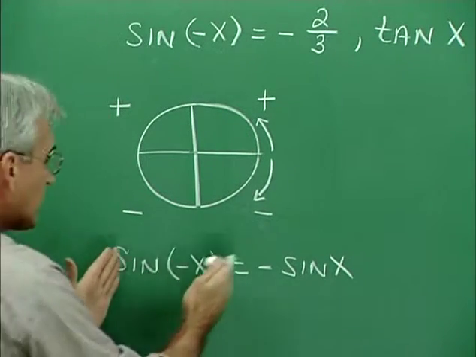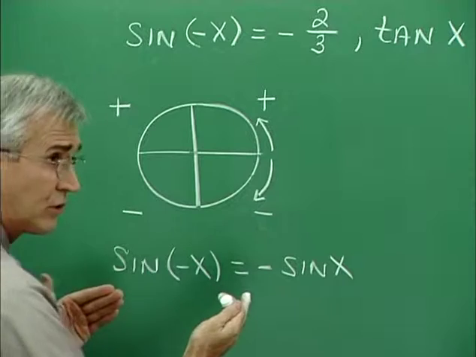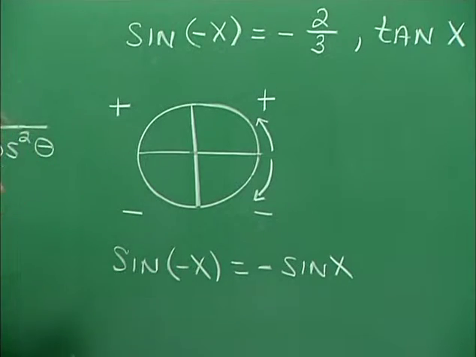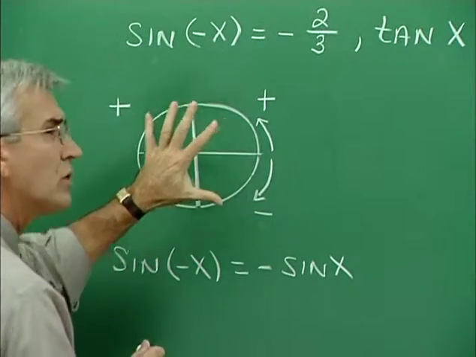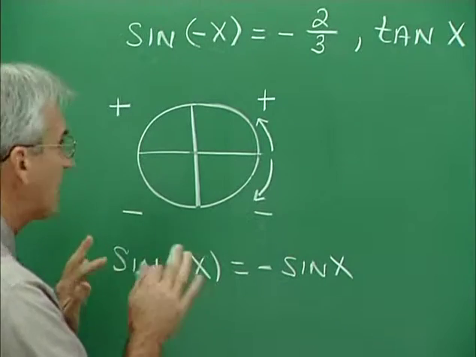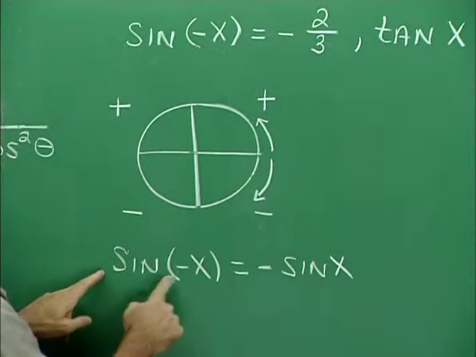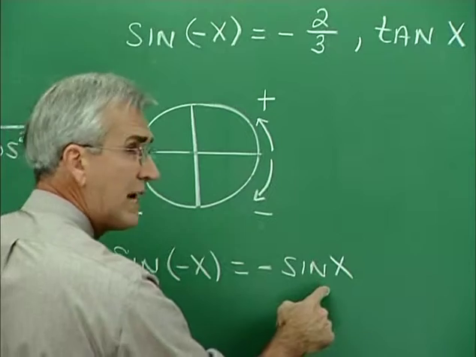Now, of course, if this is true for sine, it's also true for cosecant. And this situation is also true for tangent and cotangent. That is, tangent of negative x is equal to the negative of tangent x.